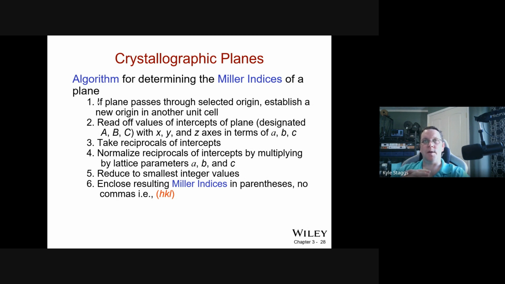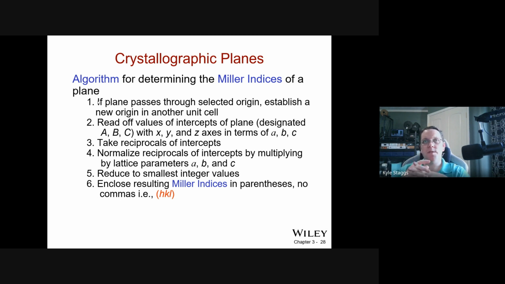Because it is an intercept, you need the reciprocal to be going the opposite direction and get along what was the original plane in order to identify what the Miller indices are. Why? Because trigonometry. It's a thing. Think about planes, think about the principles of reciprocals and doing the opposite of that plane in order to identify what these things are.